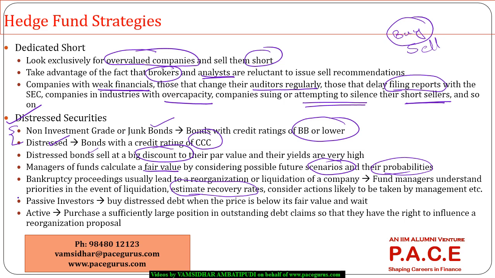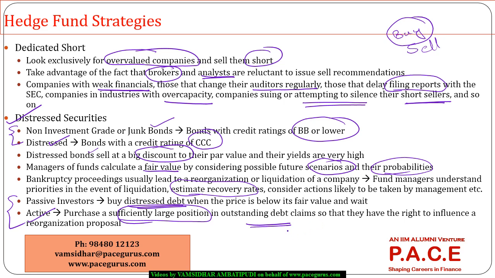And based on that, they can choose either of these two strategies. They can simply be a passive investor, where they buy the distressed debt and just wait for the firm to go bankrupt, and once it goes bankrupt, they will see how to get the proceeds out of that investment. Whereas in the other case, they can take a very active strategy, where they take a very large position in that distressed debt.